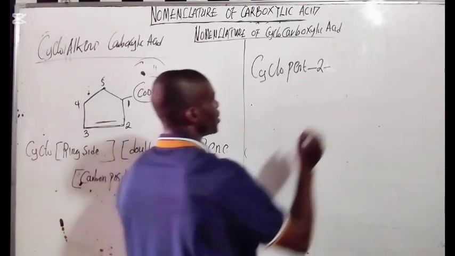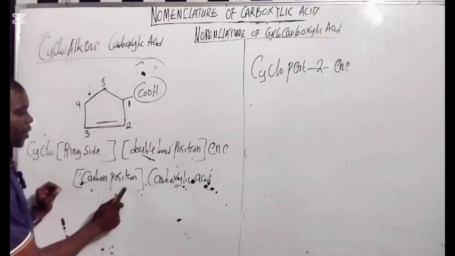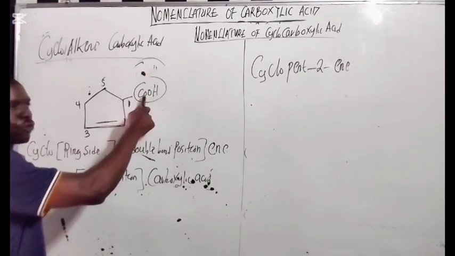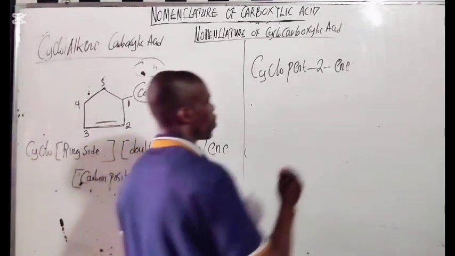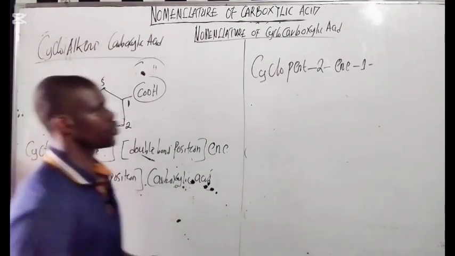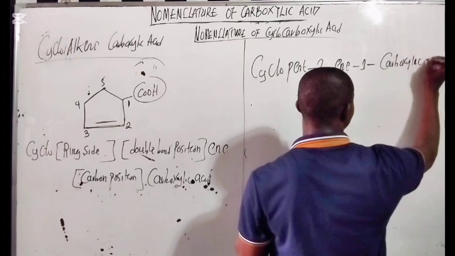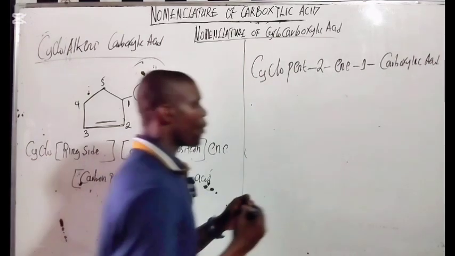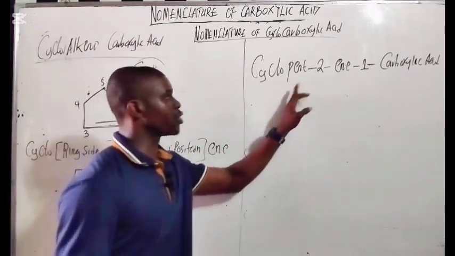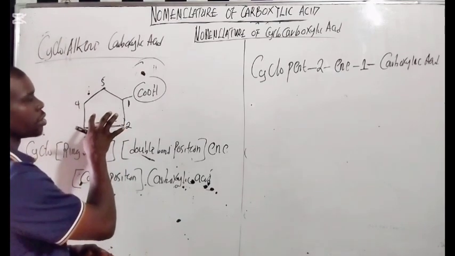Now the carbon position of this functional group is number 1, so you write 1, right? Then carboxylic acid. Now we are actually going to do more problems so that you understand it. So cyclopent-2-ene-1-carboxylic acid is the name of this compound.